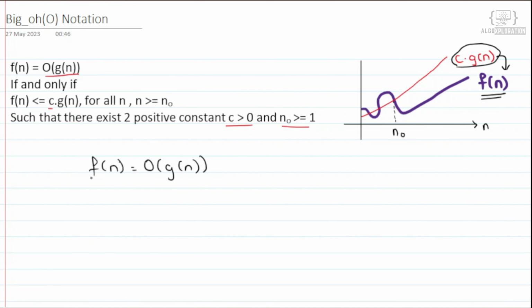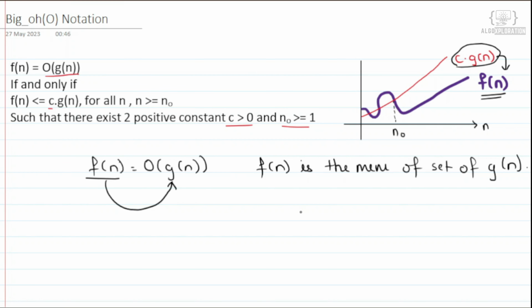This means f of n is a member of the set of g of n, where for all n that starts with n naught.